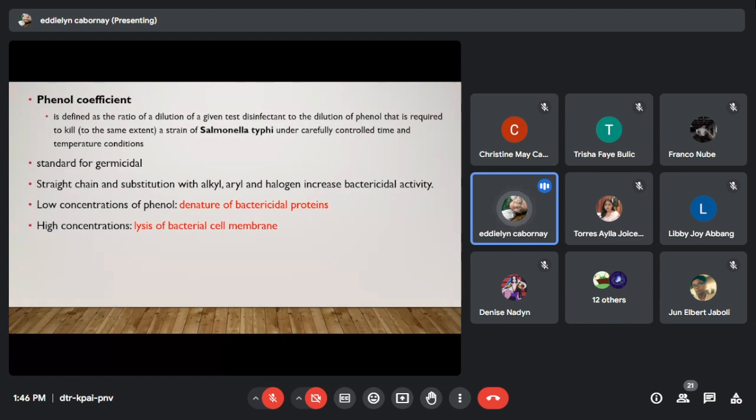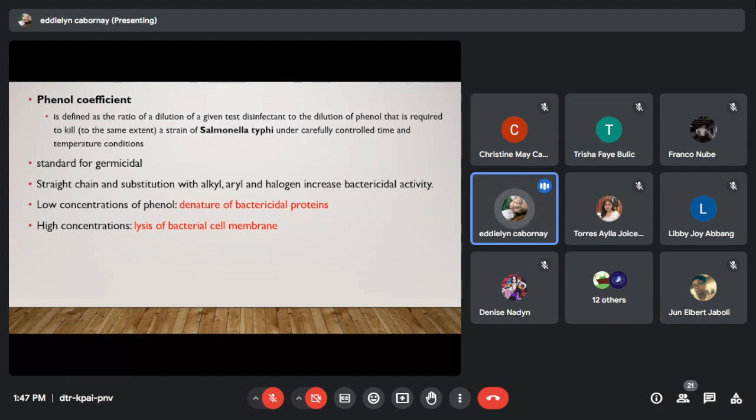So just take note of this. If a chemical compound has a phenol coefficient of less than 1, it is less effective than phenol, because phenol itself has a phenol coefficient of 1.0.